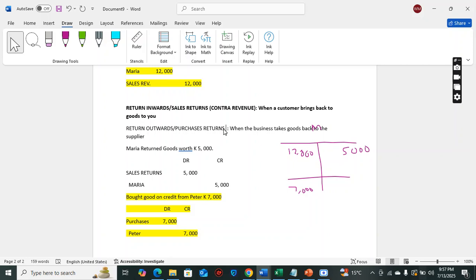So if you paid 10,000 for the goods and you bring back goods worth 3,000, that 10,000 kwacha expense has to reduce by 3,000. That's why we say purchases returns is a contra expense account. It reduces the purchases expense.